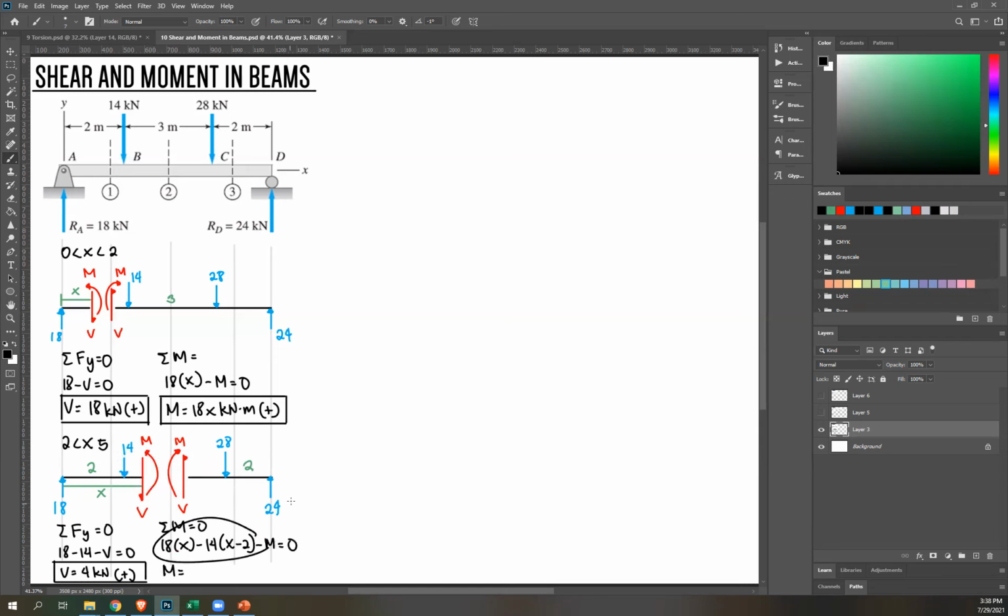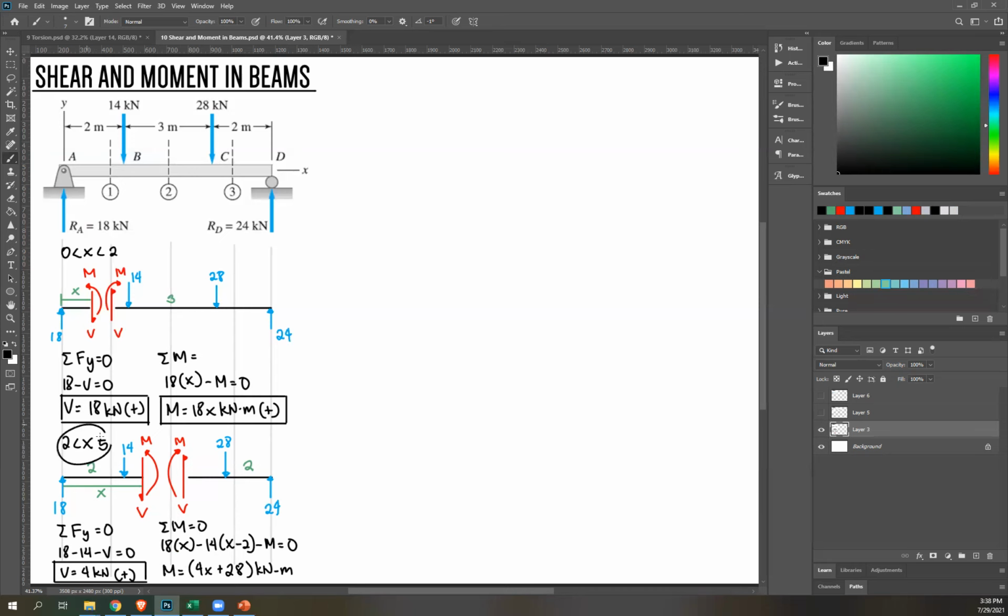Therefore, simplifying, M equals 18x minus 14x, that's 4x. So 4x minus 14 times 2, 28. Negative times negative creates a positive, so positive 28. Again, unit kilonewton meter.